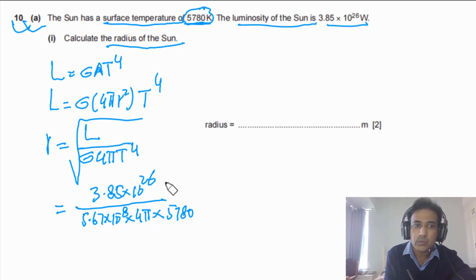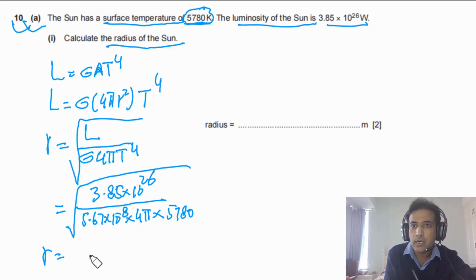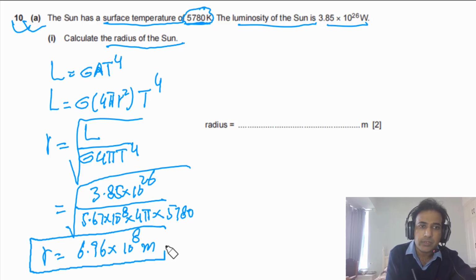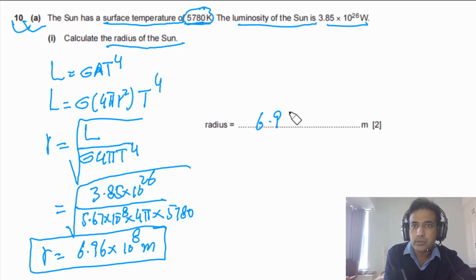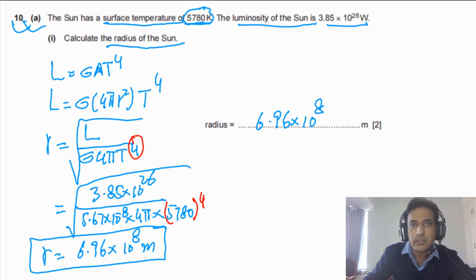If we take the root of this, we get the value of r, which is 6.96 times 10 to 8 meters. This is the radius of the Sun. Just a little typo here: the power of this one is 4, because here we have 4, so the power here also has to be 4.